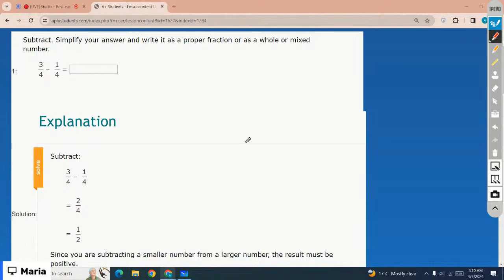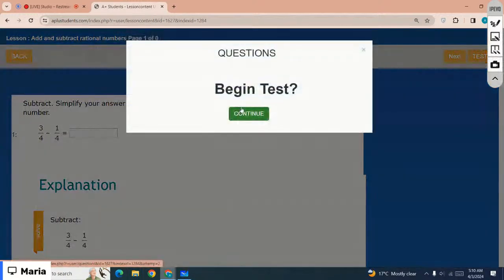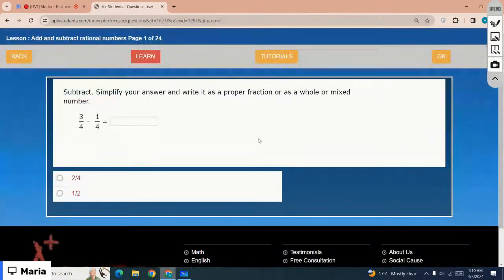Rational numbers have exactly the same properties as fractions. You can solve them the same way we do fractions. So 3 by 4 minus 1 by 4, which is the correct option?